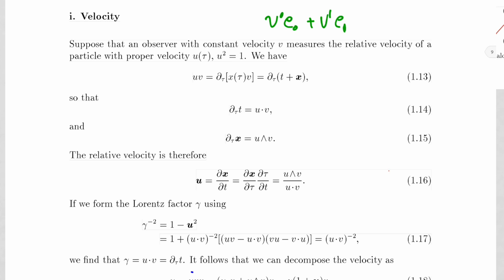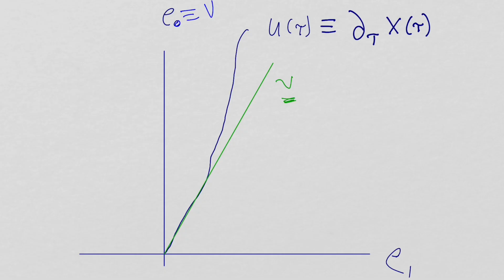So for the purposes of our setup, we won't use this. We'll just say that this is some E0. This is some E1.